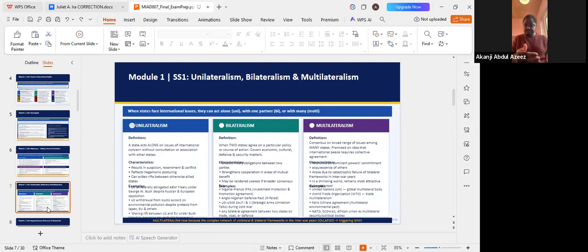But in 2001, George Bush withdrew from it, saying it went against America's foreign policy and national interest. That is unilateralism: when a country takes a decision in the international system without involving other countries. With unilateralism, the result is usually suspicious.